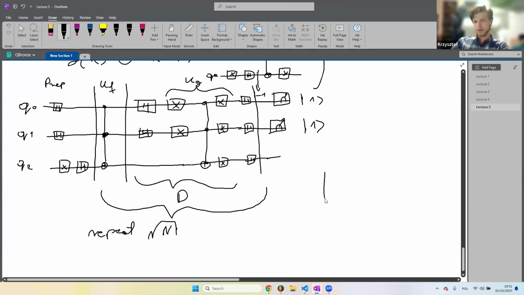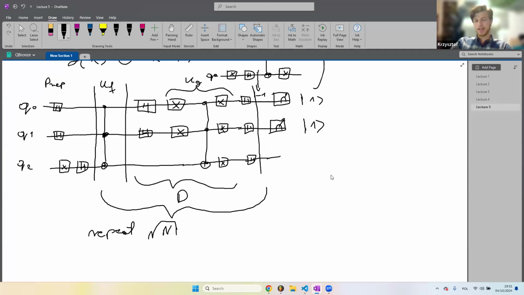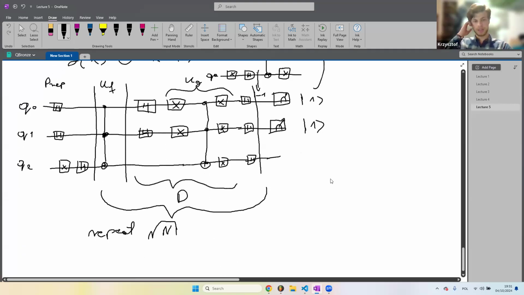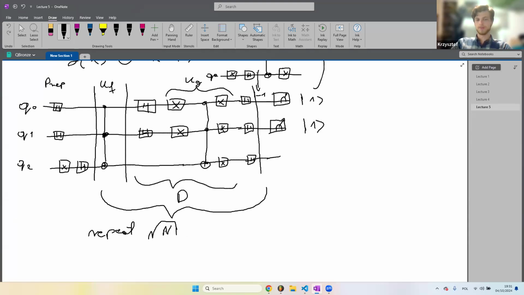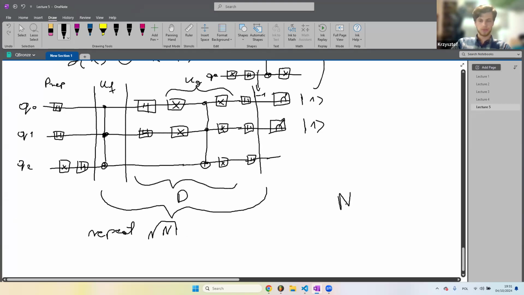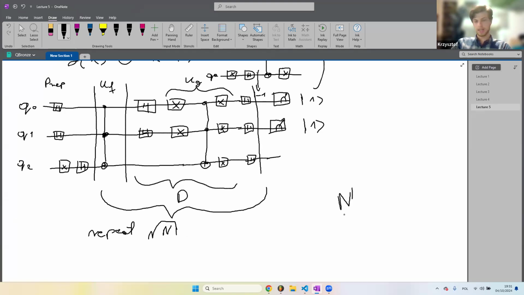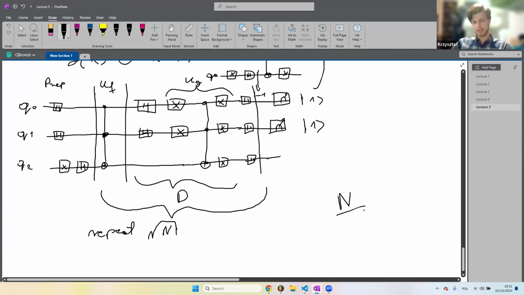But an application of Grover search could be to find an item in an unsorted database. And for this, you would need only square root of n steps to find the item instead of n.